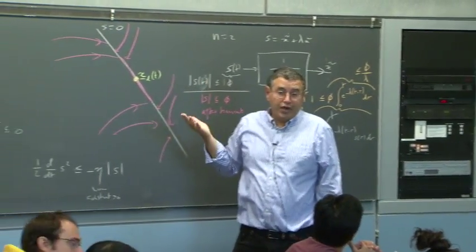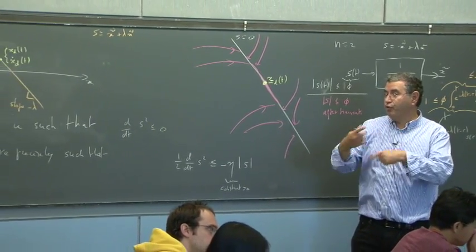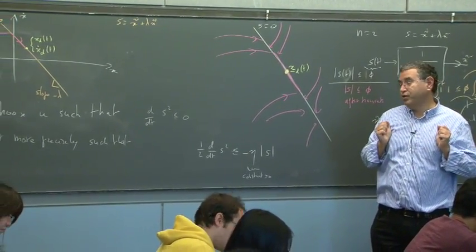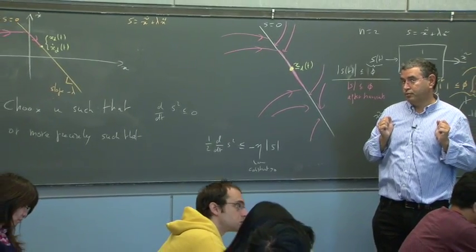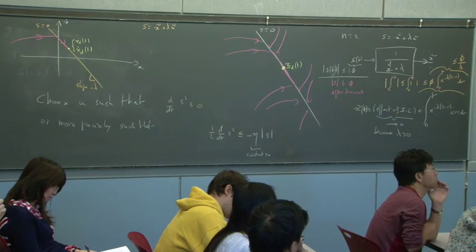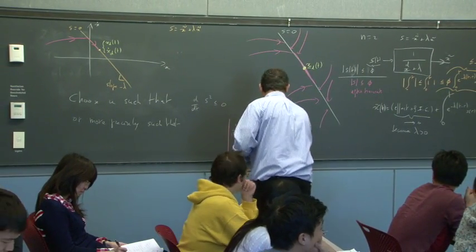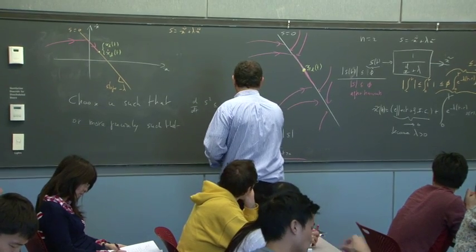So once on the surface, s equals 0, you know exactly what happens. Namely, you follow this differential equation, s equals 0. Okay? So this is called the sliding condition.